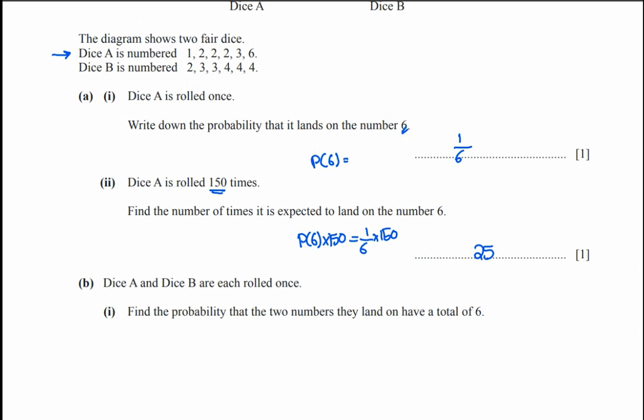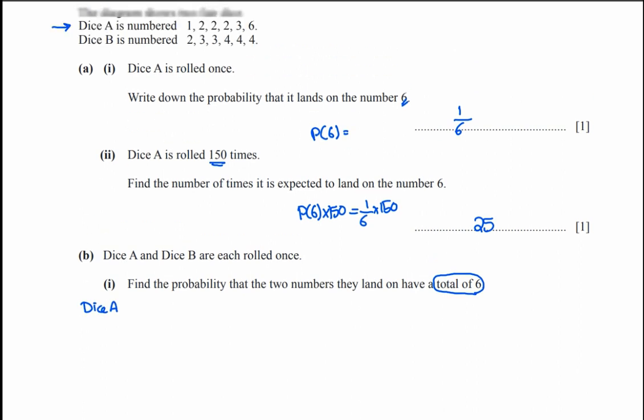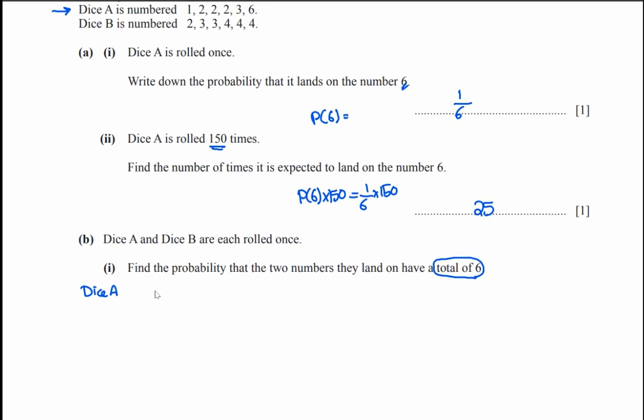Dice A and dice B are each rolled once. Find the probability that the two numbers they land on have a total of 6. The sum of them should be 6. So I am going to do a possibility diagram for dice A and dice B. For dice A, I have 1, 2, 2, 2, 2, 3, 6.